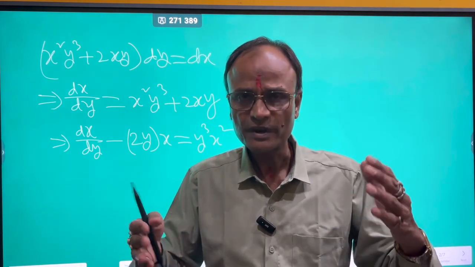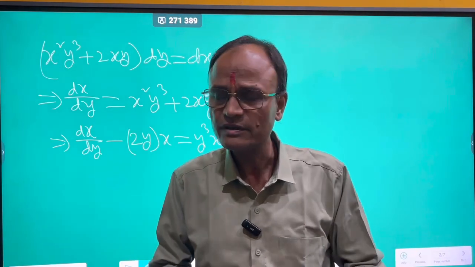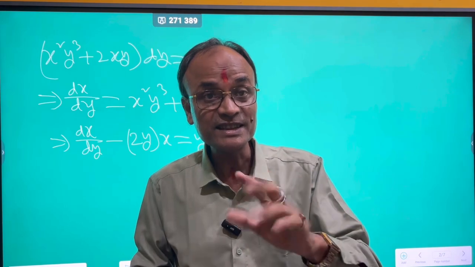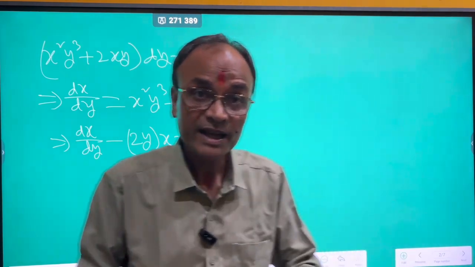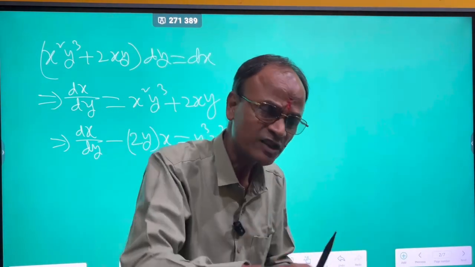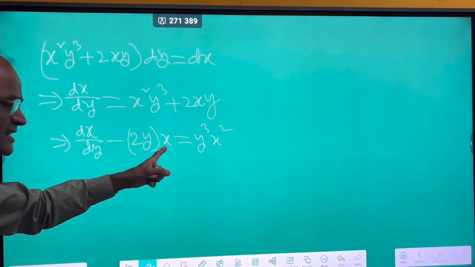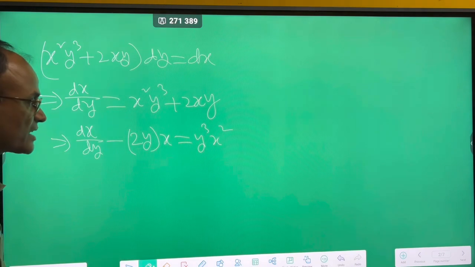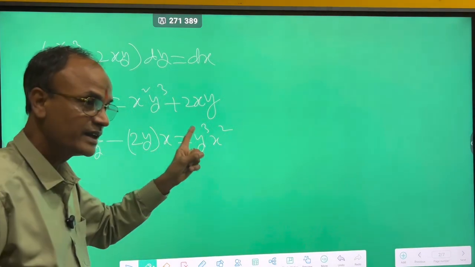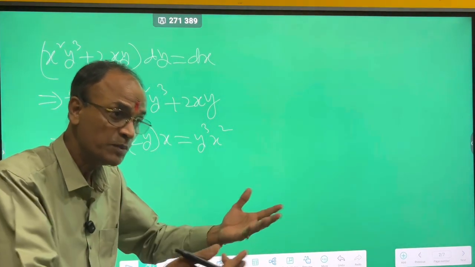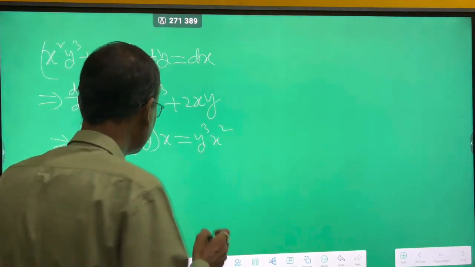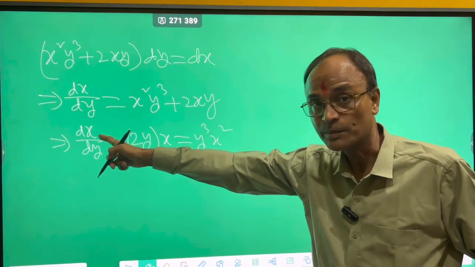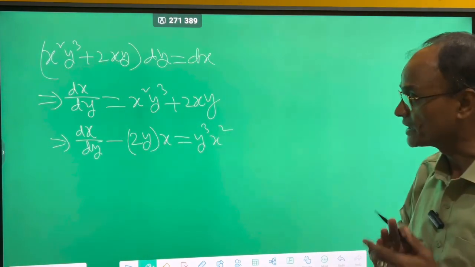Alternatively, if you write dx by dy, then the dependent variable is x, independent y. dx by dy plus px equal to q into x to the power n. This is Bernoulli's differential equation in which x is the dependent variable and y is the independent variable.